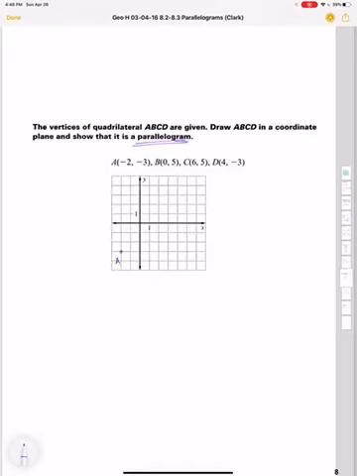B is at 0, 5. C is at 6, 5. And D is at 4, -3.